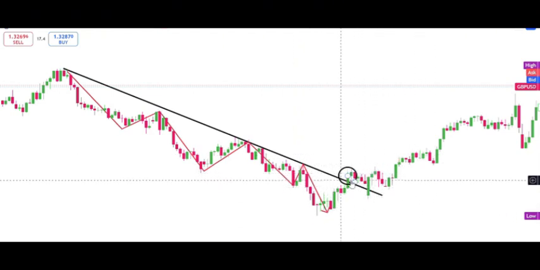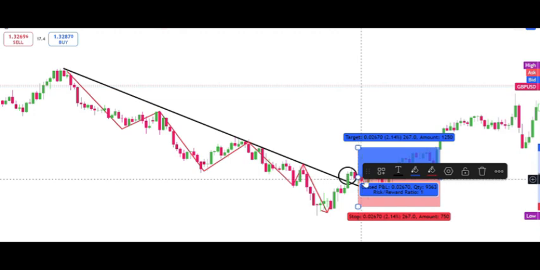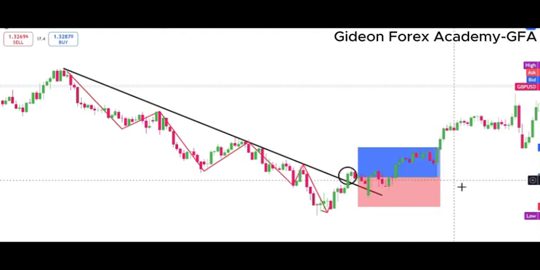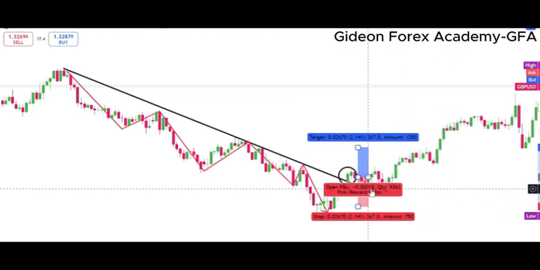They would be looking to buy immediately at the breakout right here, and that would be a big mistake to buy at the breakout right here, because when you buy at the breakout, guess what happens?